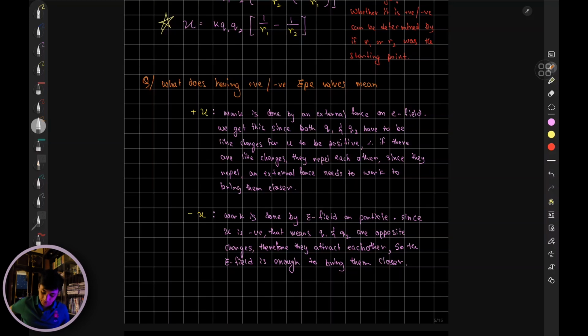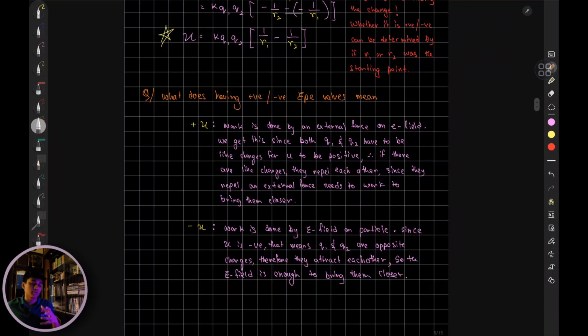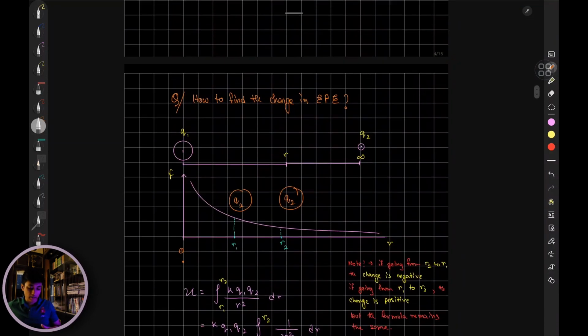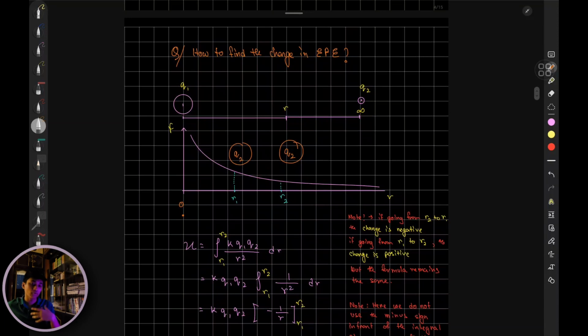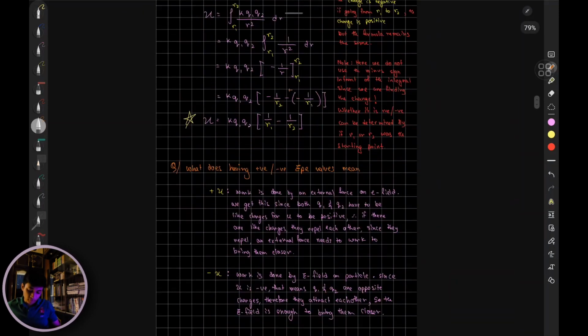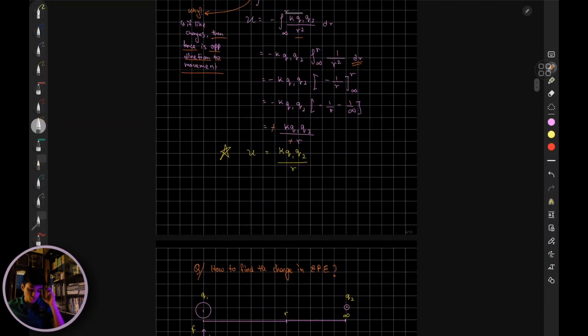Therefore, they attract each other, so the electric field is enough to bring them closer. Great. So this is the basic summary of what we were talking about, and how the charges interact, how the electric potential energy works, why it is positive, why it is negative. Hopefully, after all this, you understand the significance and why we have a negative sign in front of electric potential energy in case of attractive forces.